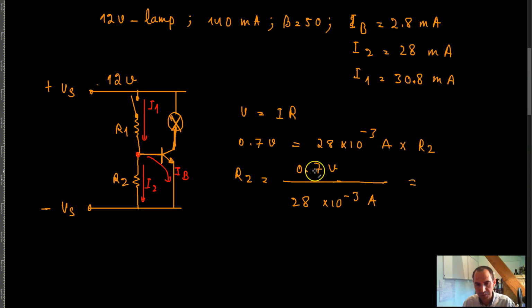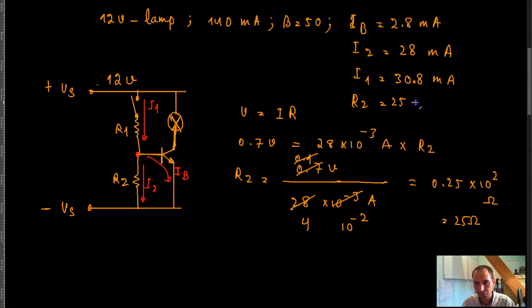Now divide this by 7, 7 times 4 is equal to 28, so that's 0.1 over 4, and this is 10 raised to the power negative 1, so you can write this as 10 raised to the power negative 2, and 1/4 is the same thing as 0.25 into 10 raised to the power 2 ohm, which is equal to 25 ohm, right? That's 25 ohm. R2 is supposed to be 25 ohm.